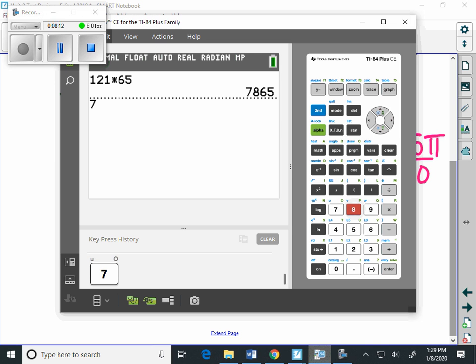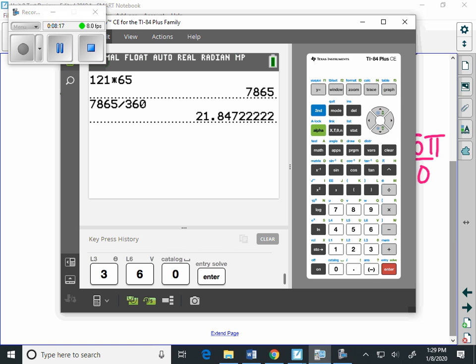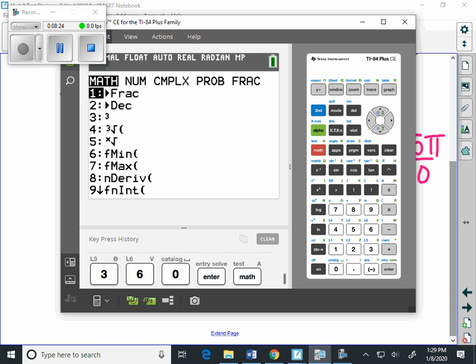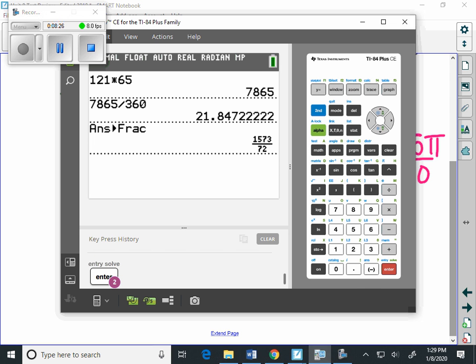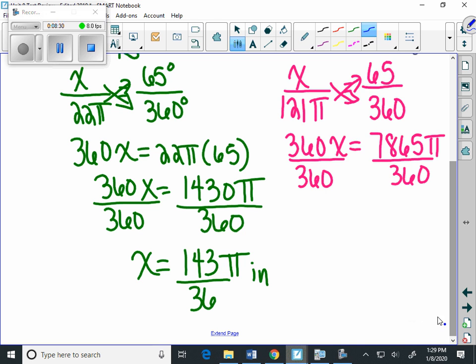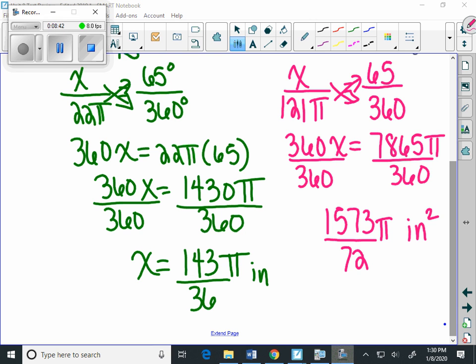So 7,865 divided by 360 gives us this decimal, which is not very nice. So again, I converted it into a fraction by hitting math, enter, enter, and we get 1,573 over 72 pi. Inches squared.